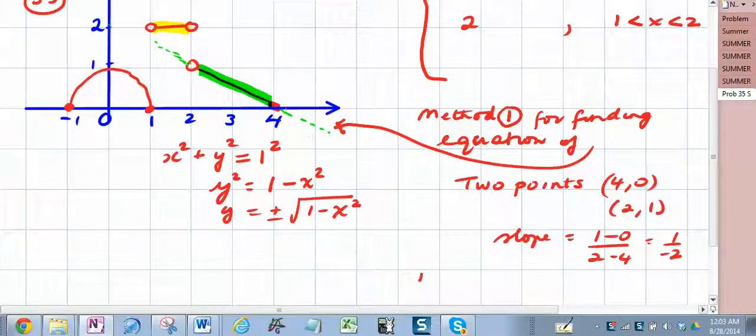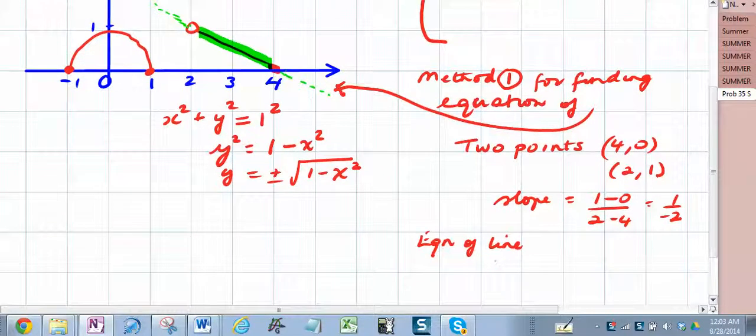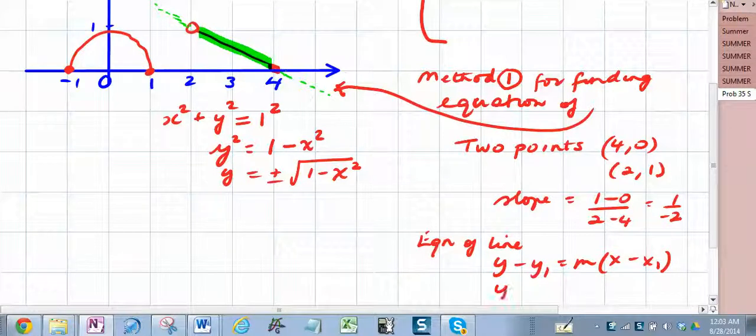Therefore, the equation of the line is, remember we use y minus y1 equals m times x minus x1. So I've got y minus, and I'll pick (4, 0), a little easier to work with. Y minus 0 equals negative a half times x minus 4.